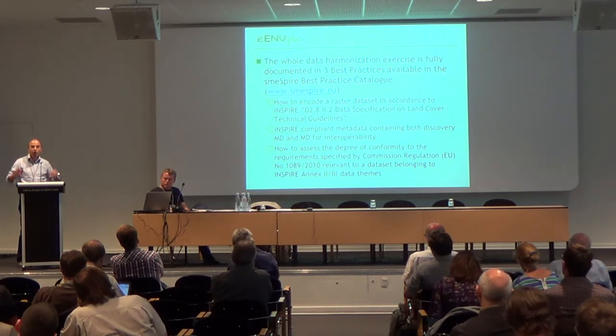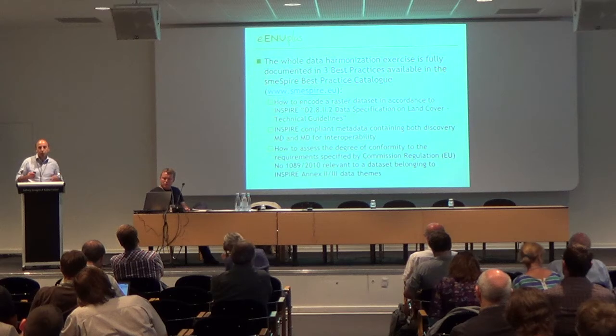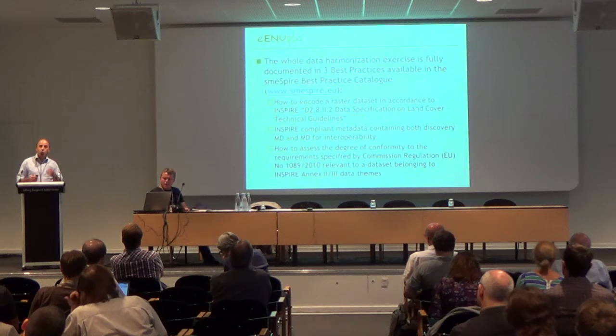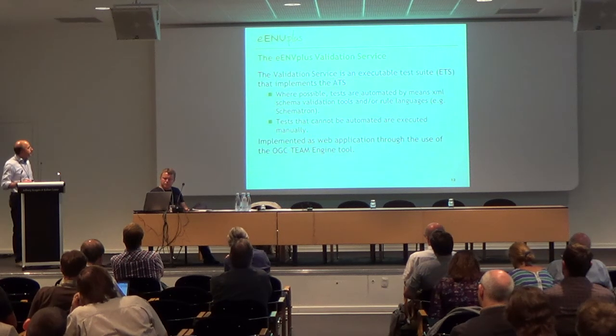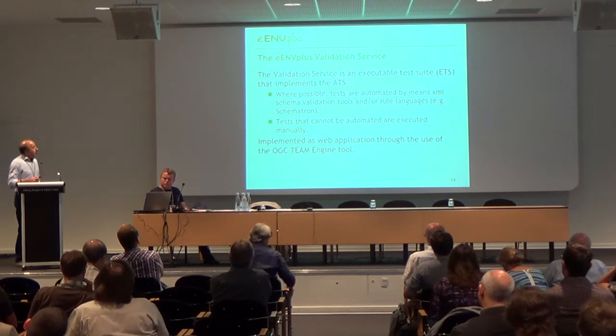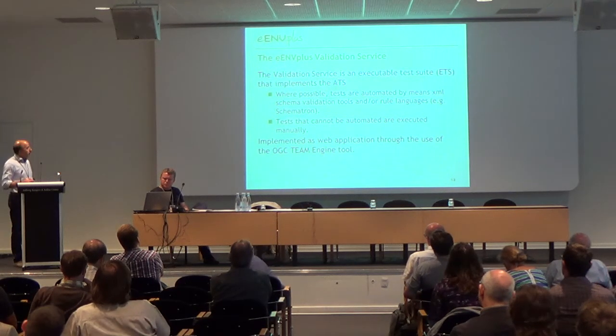Of course, in order to claim conformance you have to pass all the tests. But in case, as here, we pass the tests for one conformance class, you can document this in the corresponding metadata.